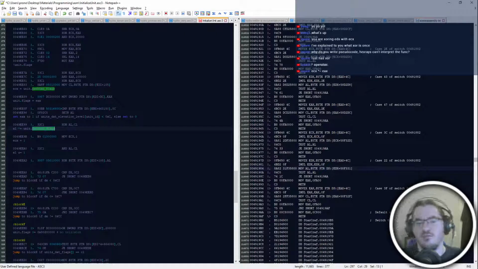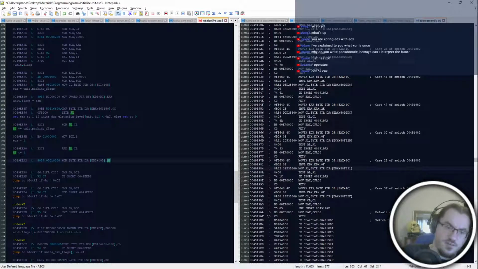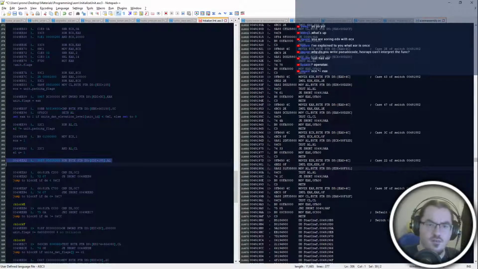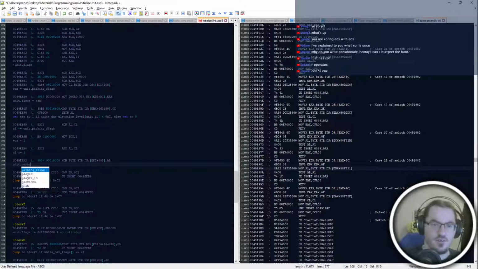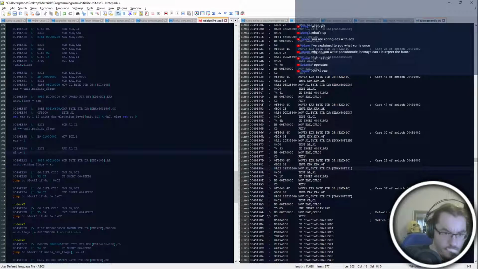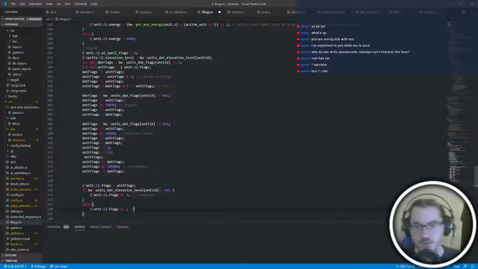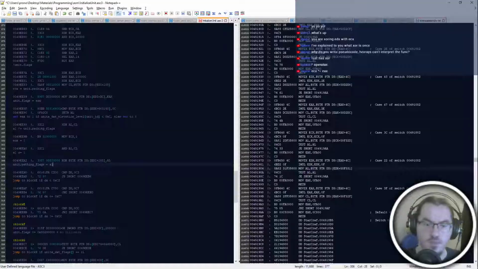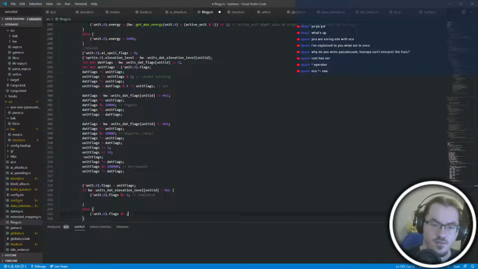It's just that the flags are also... Oh, I saw 105 earlier. Oh yeah, pathing flags are overwritten. Okay, okay, I see. Pathing flags goes AL. Gotcha. So we know it's always set to 1, which is completed.